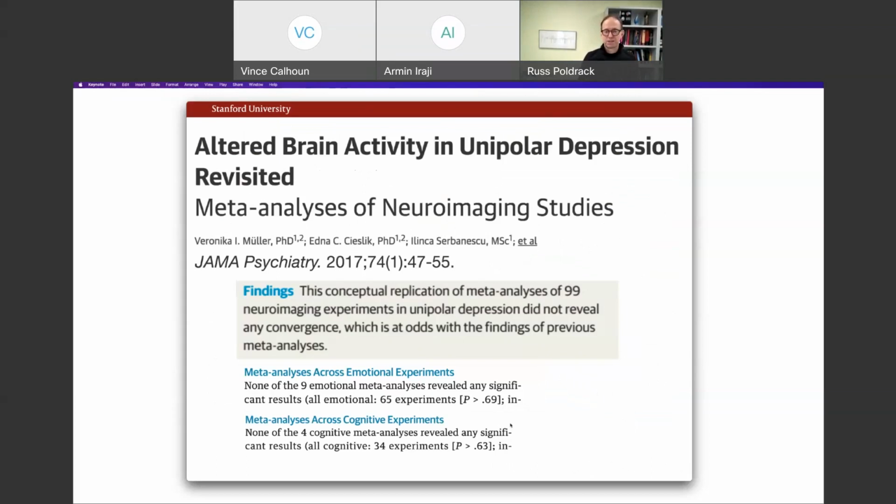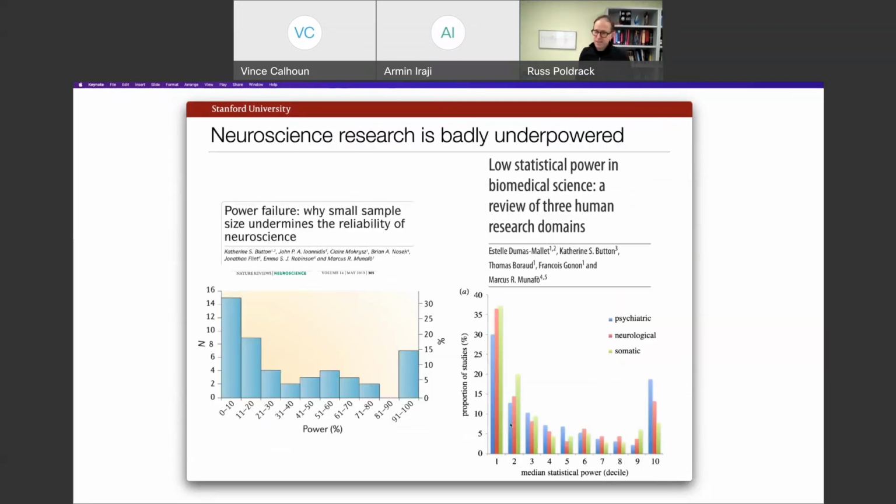And that's consistent with some other data that's just recently come from this group in a preprint in a large case control study. And we think that one major aspect of this has to do with statistical power. We've known about the problems with statistical power in neuroscience since the Katherine Button paper from 2013, which looked at both structural imaging and rodent studies and showed that the majority of studies have very low statistical power, many of them down below 10%.